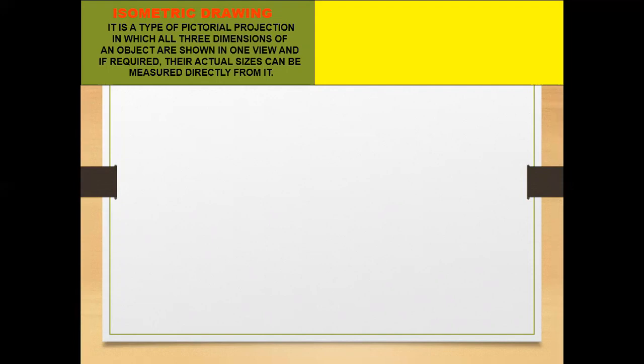What is isometric drawing? It is a type of pictorial projection in which all three dimensions of an object are shown in one view. If required, their actual dimensions can be measured directly from it.